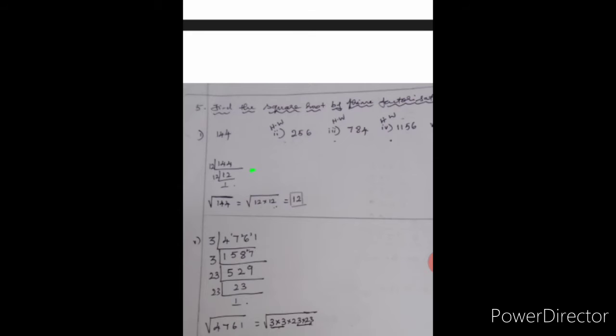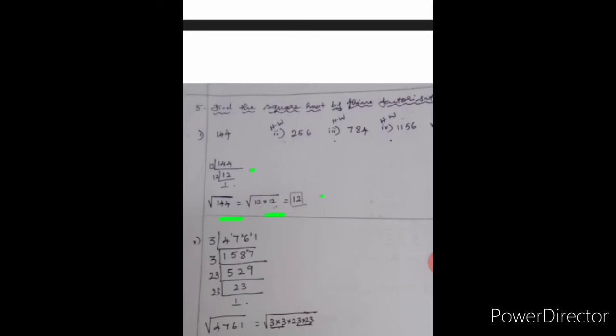Then write the number in the square root. The square root of 144 is equal to, write the factors in square root, that is 12 into 12. You know very well, square root means out of two numbers you have to take one number. Therefore your answer is 12.